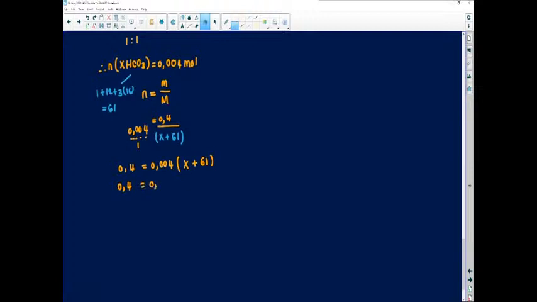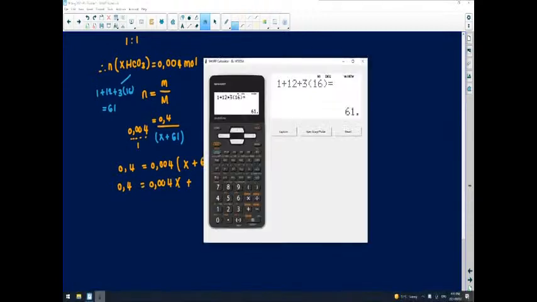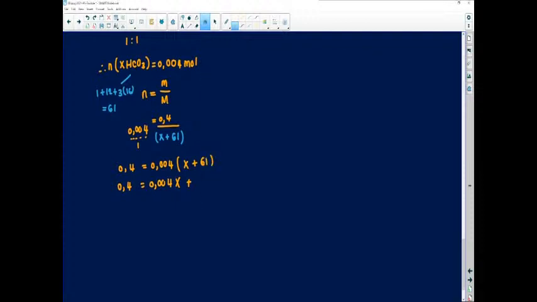So here I'm going to get 0,004x plus. Now I've got my 61 on my calculator already, so I'm going to say 61 multiplied by 0,004. And then I get 0,244. Now I need to solve for x, which is an unknown.